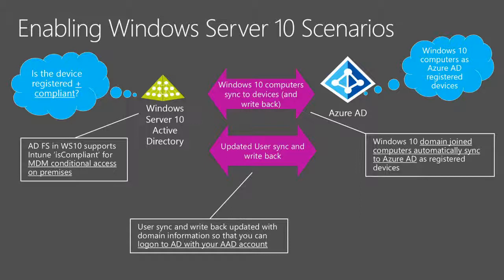And there are all sorts of new security features that we have to make that more secure. That is enabled by some new aspects of user sync that are enabled behind the scenes for you. And that's in preview right now, so people are opting into the preview. So that's some of the new Windows Server 10 scenarios. And I'm just going to go back to the wizard to talk through the federation piece.